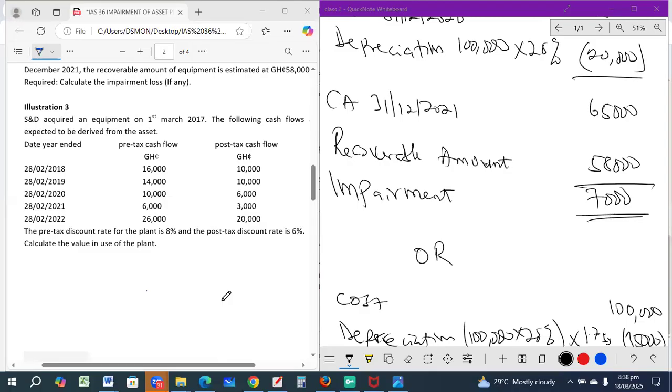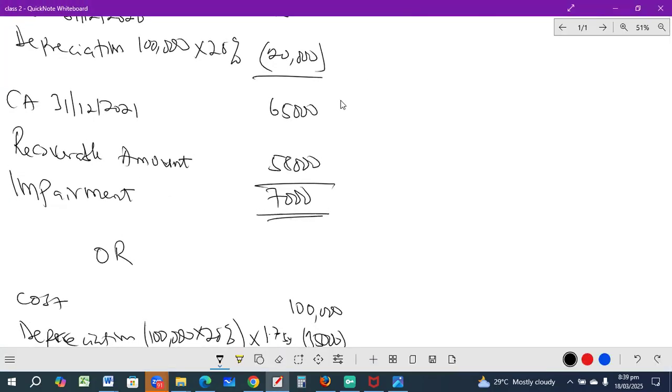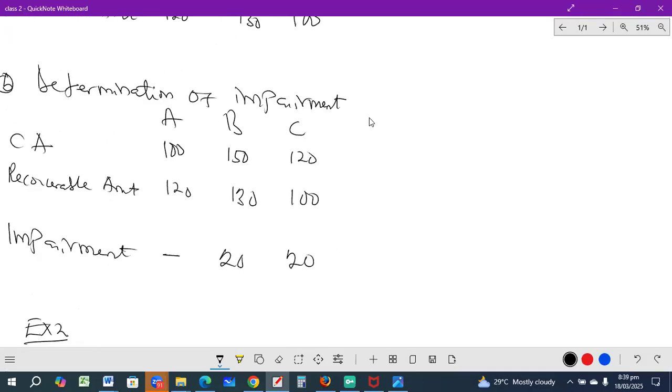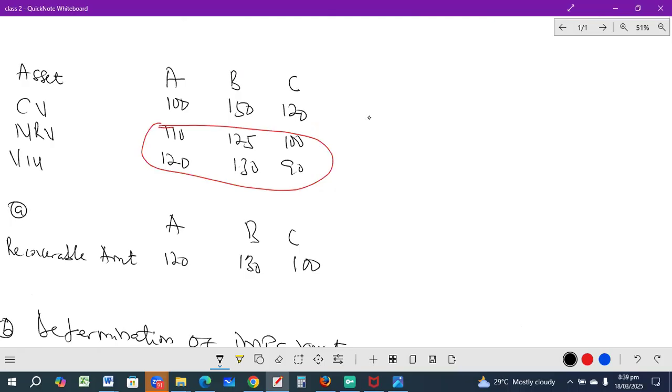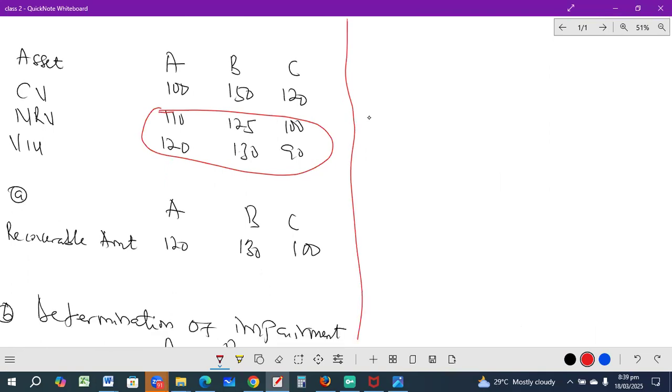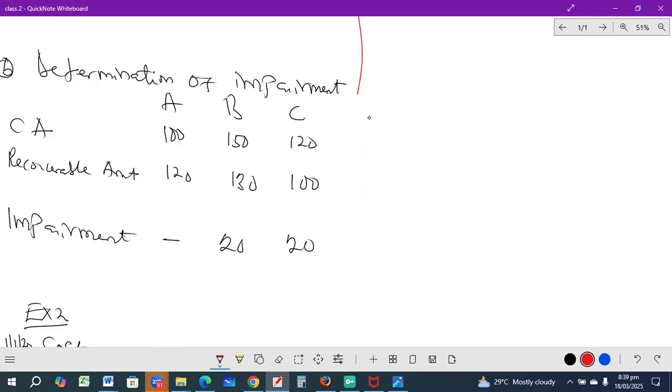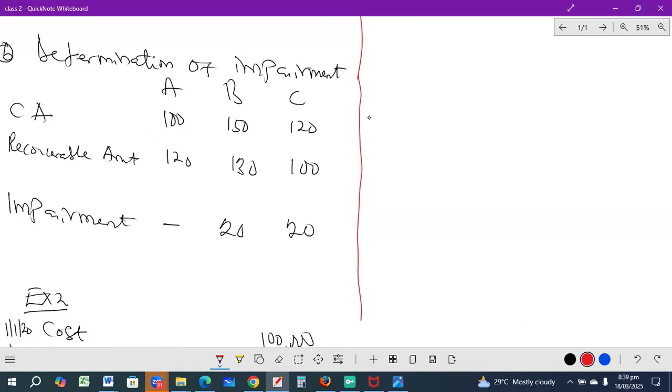The pre-tax cash flow, against the pre-tax discount rate. The pre-tax discount rate for this plant is 8%, and the post-tax is 6%. Calculate the value in use of the plant.